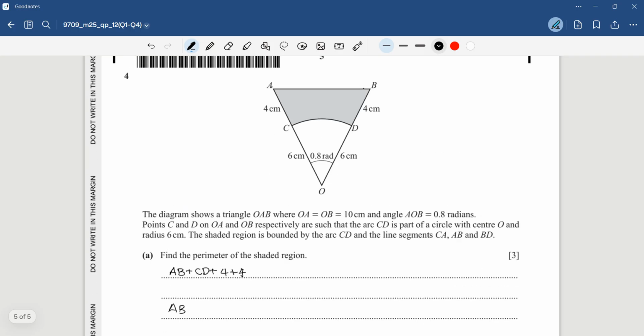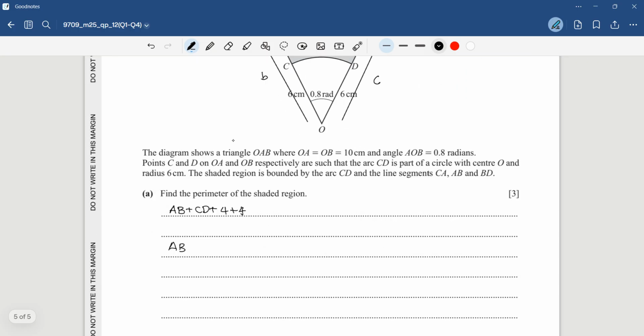If you still remember the cosine rule, a squared is equal to b squared plus c squared minus 2bc cos theta. Where here, this is going to be your a, this will be your b, and this will be your c.